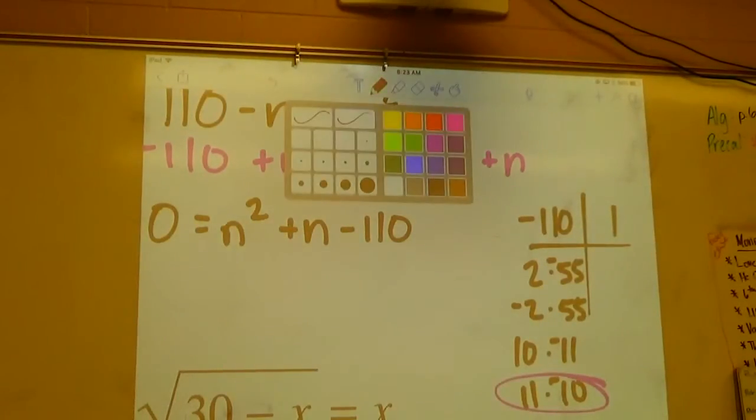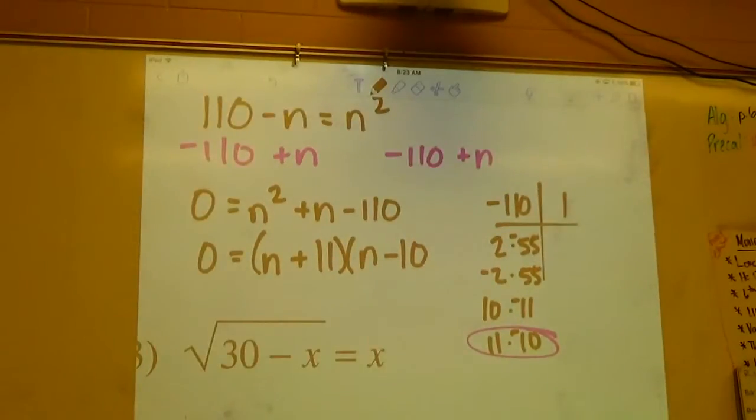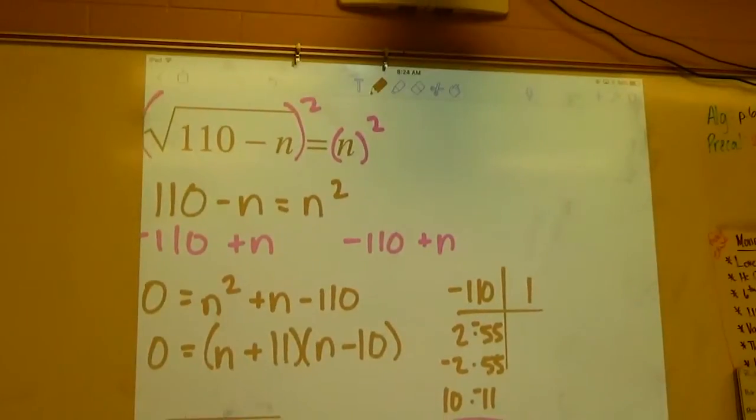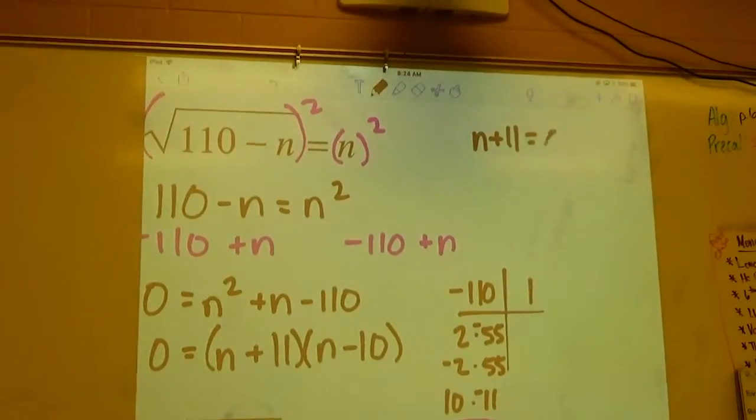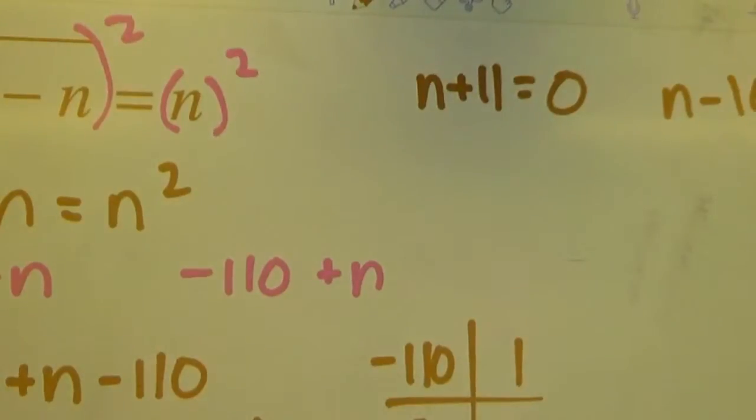So the way I'm going to write this is 0 equals n plus 11 times n minus 10. Then I set them both equal to 0. So I have n plus 11 equals 0 and n minus 10 equals 0.